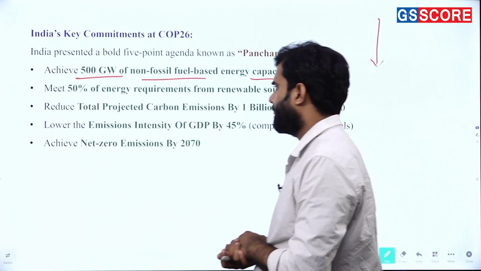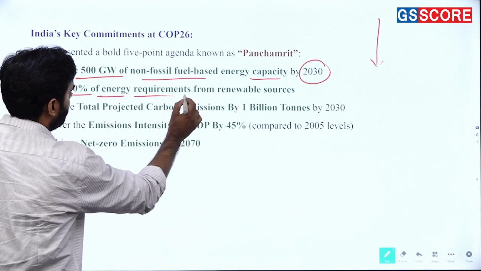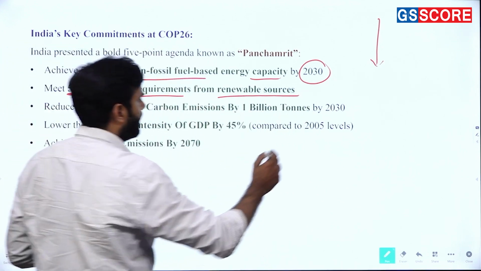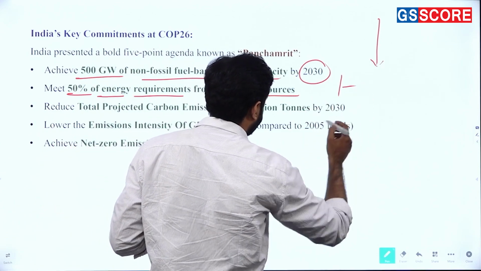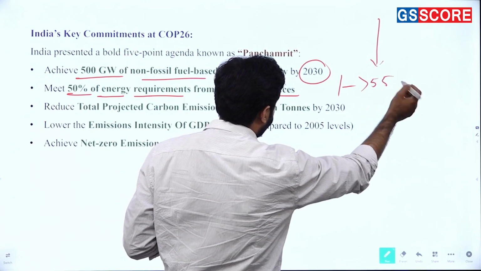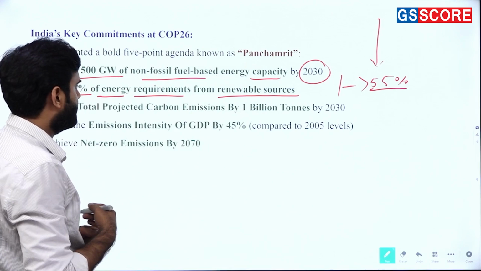That is a good thing. Next, meet 50% of energy requirement from renewable sources. This is our target. Today, you know that more than 55% of electricity is coming from thermal power plants.